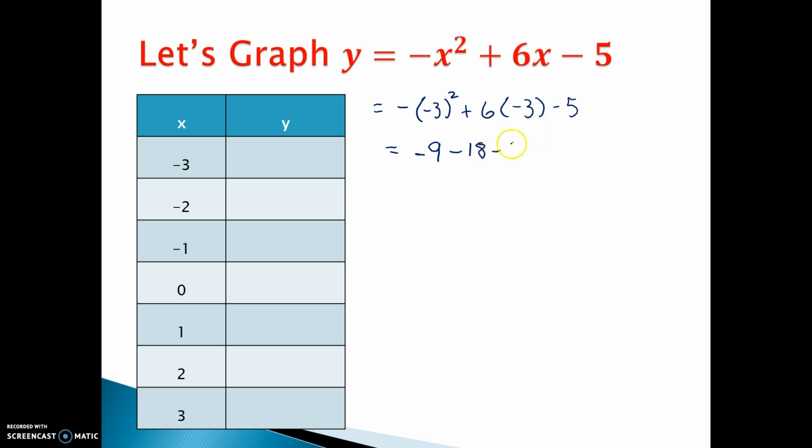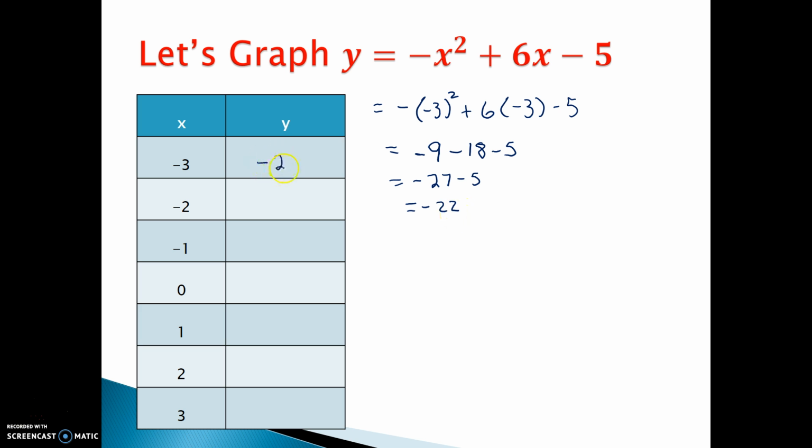And then bring down my minus 5. Negative 9 minus 18 gives me negative 27 here. And I'm going to bring down my negative 5. So negative 27 and negative 5 gives me negative 22. So that is my y value.